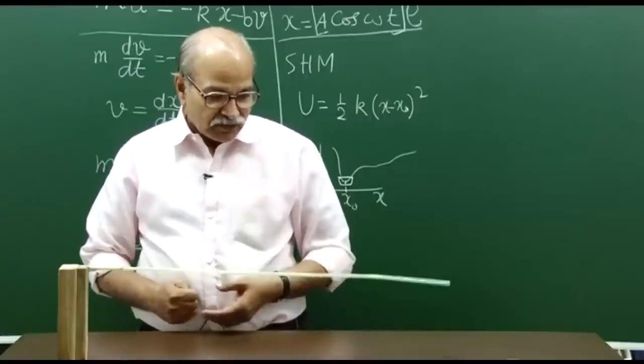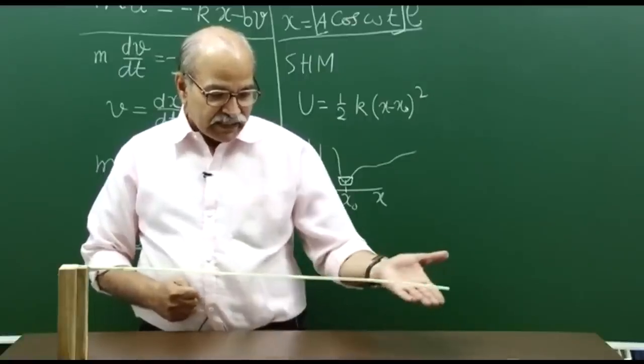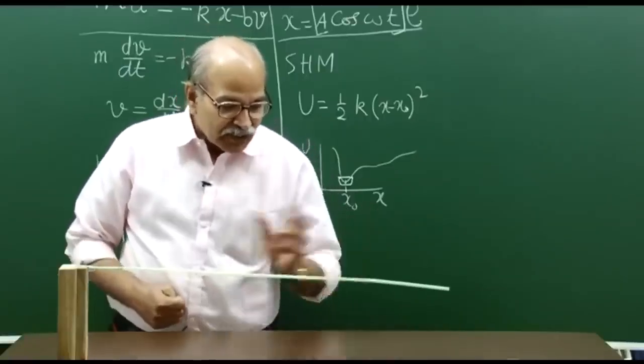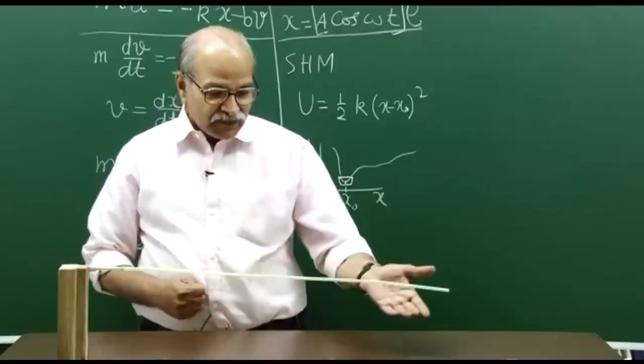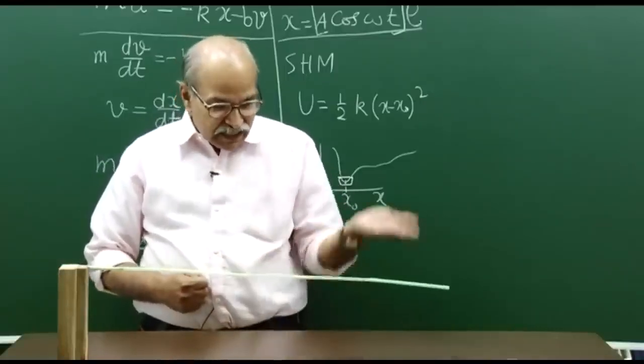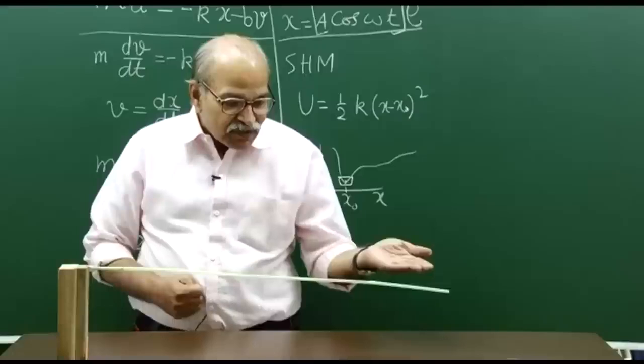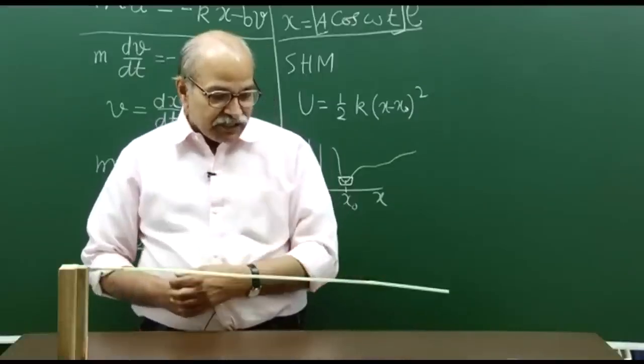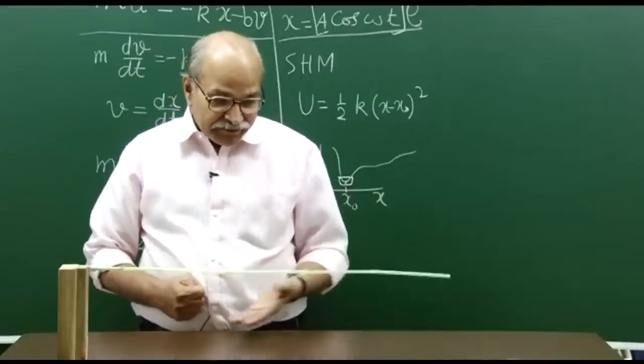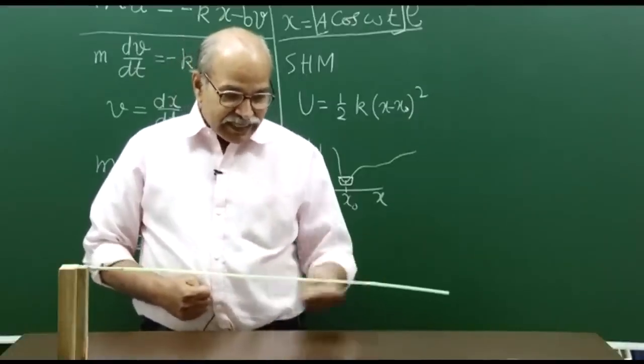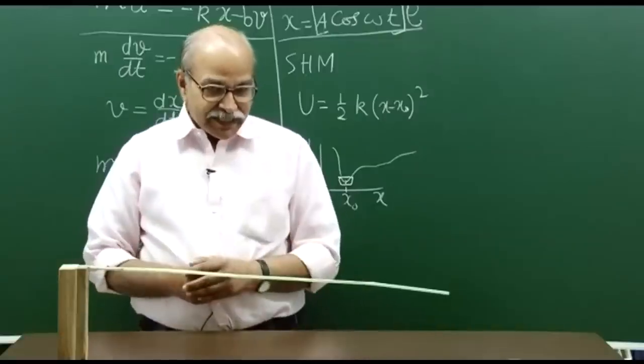It can go on oscillating, and there is some natural frequency of oscillation. There is some restoring force which is bringing it back towards the equilibrium position. Then there is damping, so that the amplitude decreases and finally it comes to rest.